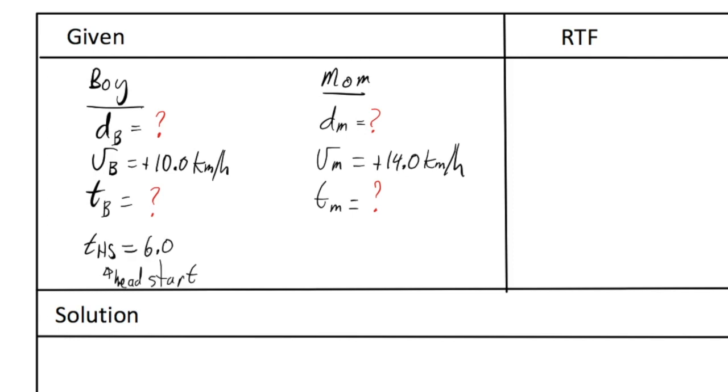So that is 6.00 minutes, but we need to convert that to hours. If you want to convert minutes to hours, you divide by 60. No, let's try that again. 60 minutes in an hour. So we have to divide this 6 by 60, and that gives us 0.100 hours, keeping the same number of sig figs.